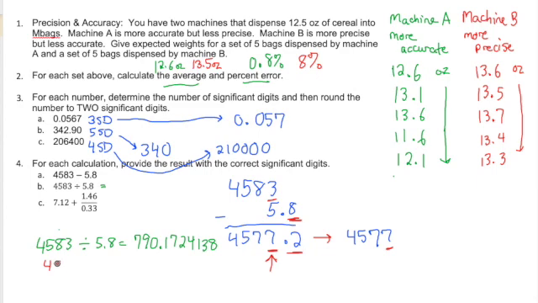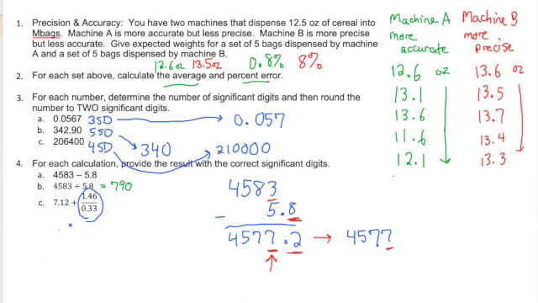So we have a 4 significant digit number being divided by a 2 significant digit number. So that means we need to have 2 significant digits in our answer. We're going to keep this one, and we need to get rid of the rest. 790. Remember, we need that placeholder 0 because 790.1724138 is not approximately 79, it's approximately 790.